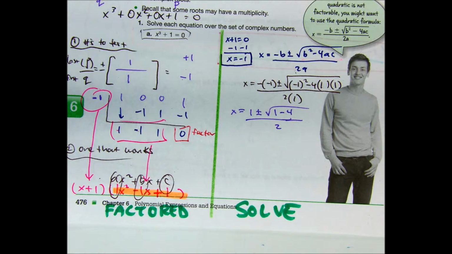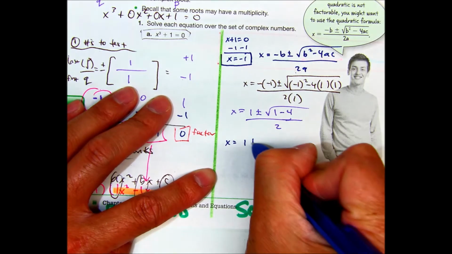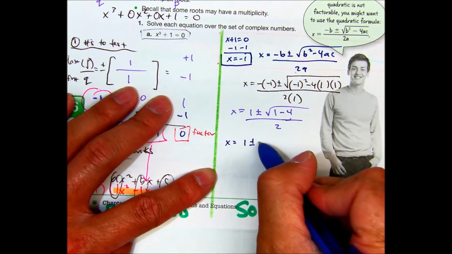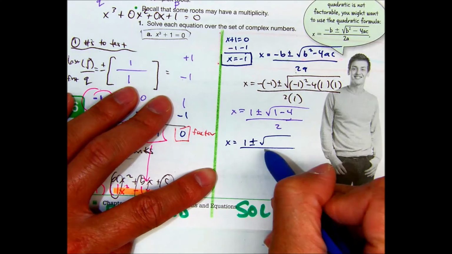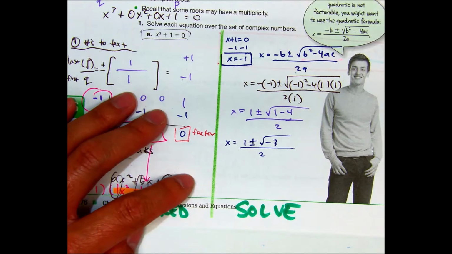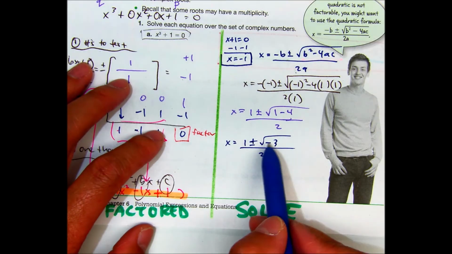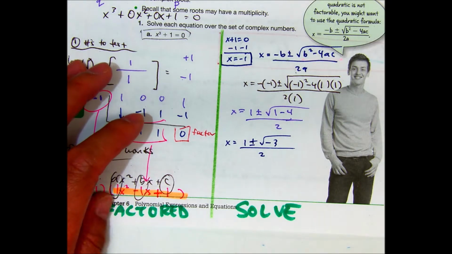Erica? 1 minus 4? Positive or negative? -3. Uh-oh. Partner B, tell partner A, how do you simplify the square root of a negative number?